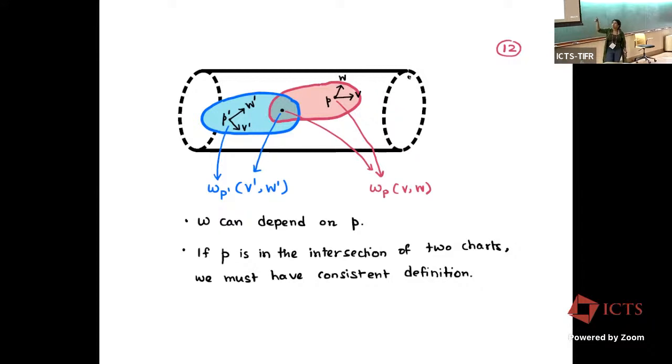If I want my omega to be consistently defined on my full cylinder, then for a point sitting in the overlap, there are two ways to compute omega. The two ways, according to the blue rule and the pink rule, should give you the same numbers. Make sense? Whenever there's overlap, there are multiple ways to do it, but a consistent symplectic form on my manifold means that I should not get clashes. I do one way, I should not get 3, and the other way minus 3.